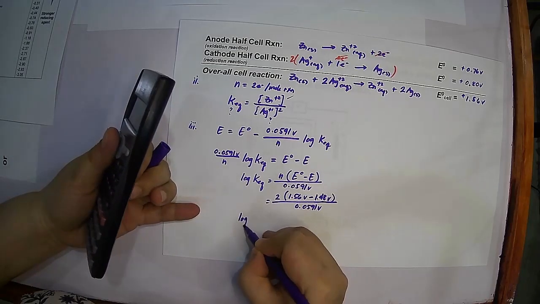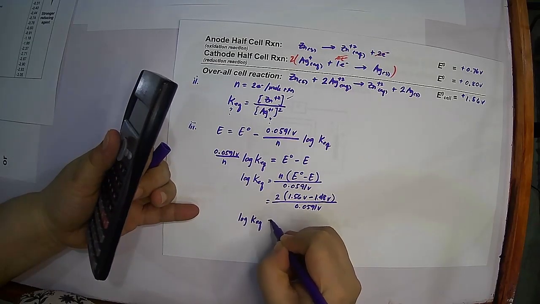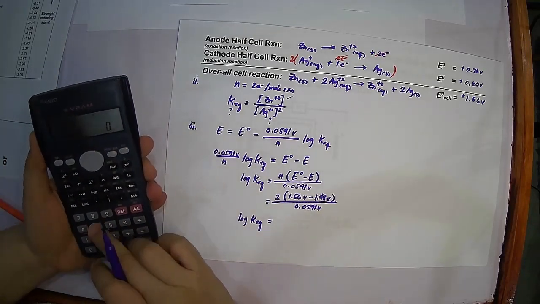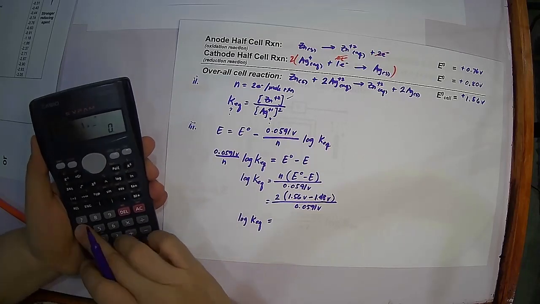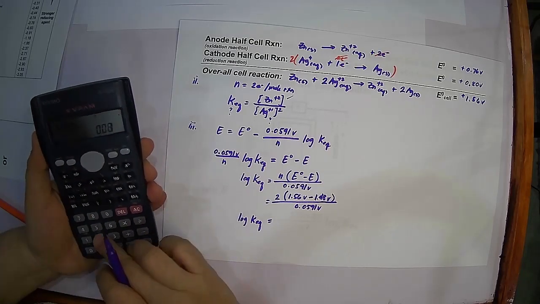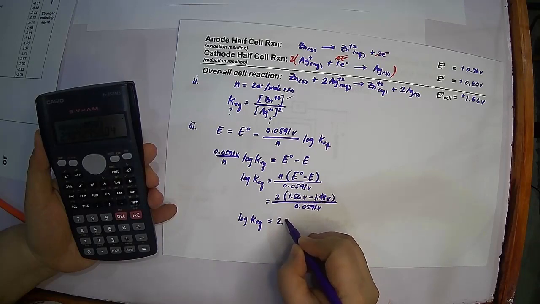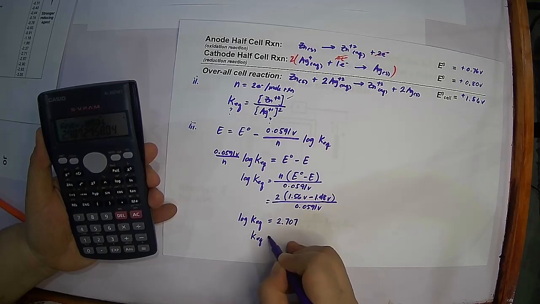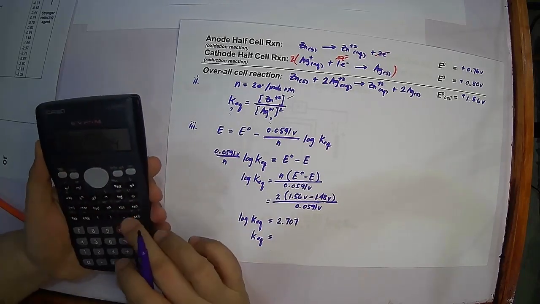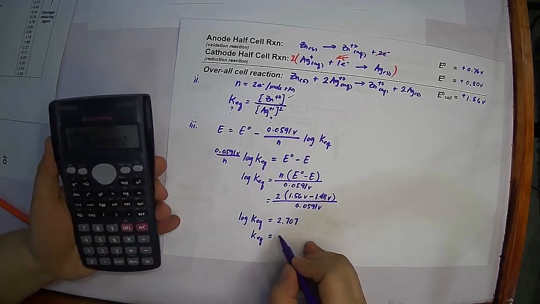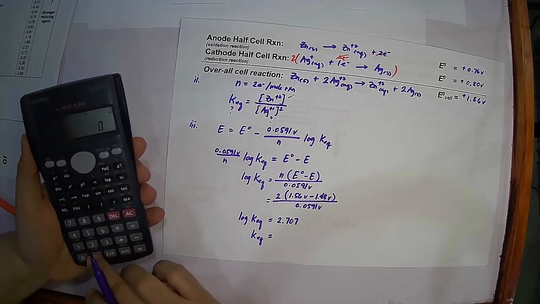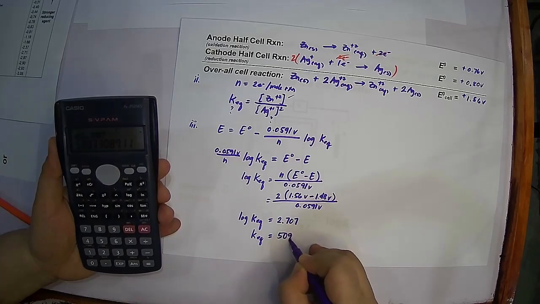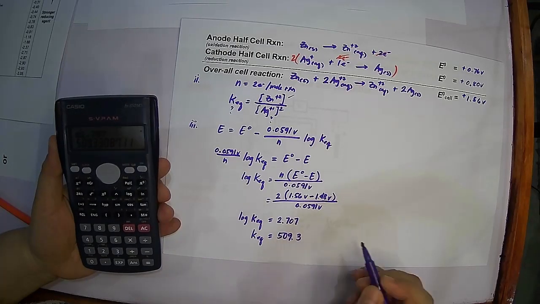And that will give you 2.707. So if you take the antilog, you have 509.3.